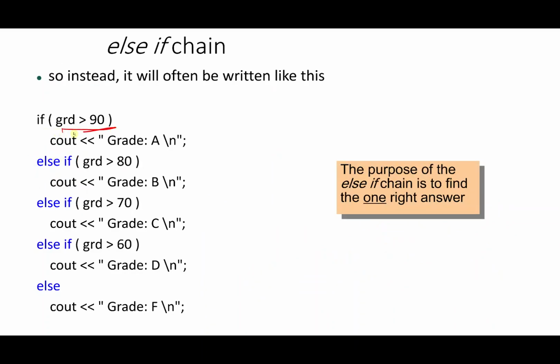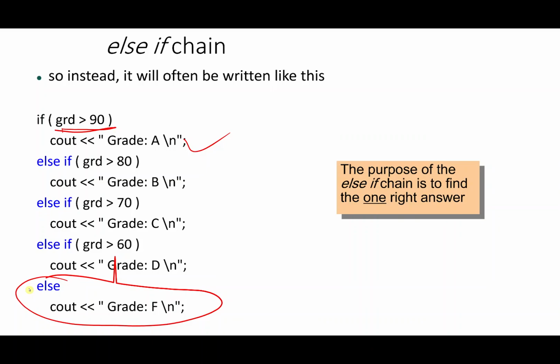So if this grade is greater than 90, then the grade is A, else if, and so on. You cannot say else until you reach the end. So the else is always at the very end.